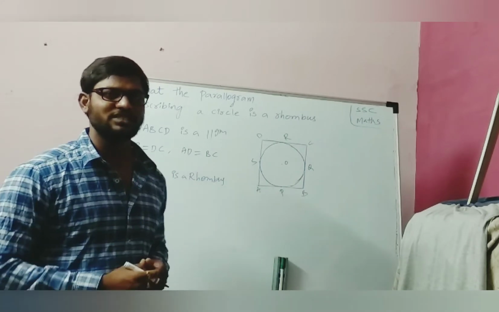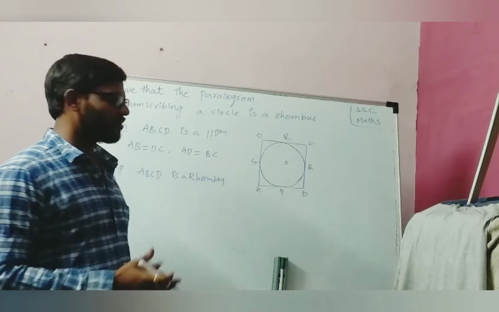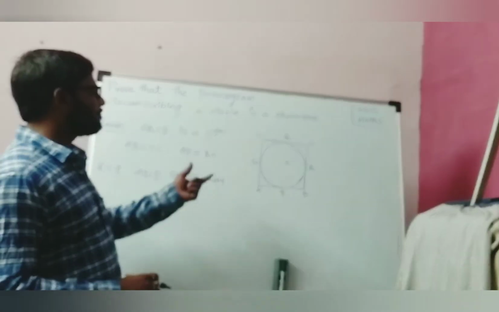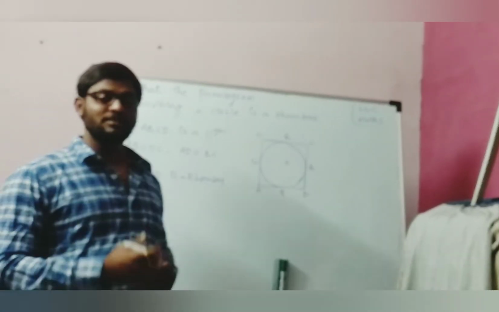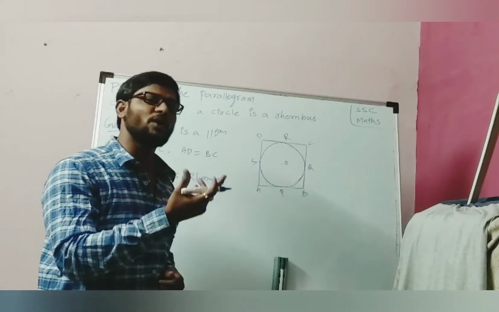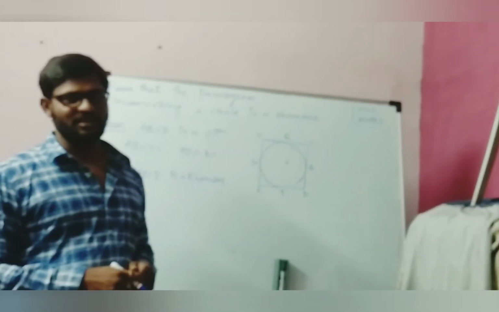A rhombus has all the properties of a parallelogram. In a parallelogram, opposite angles are equal and adjacent angles are supplementary. In a rhombus also, opposite angles are equal and adjacent angles are supplementary. But in a parallelogram, only opposite sides are equal, while in a rhombus, even adjacent sides are equal, so all four sides are equal.